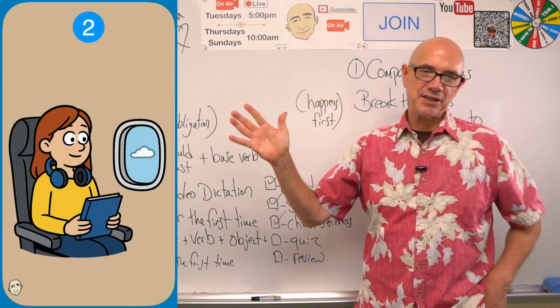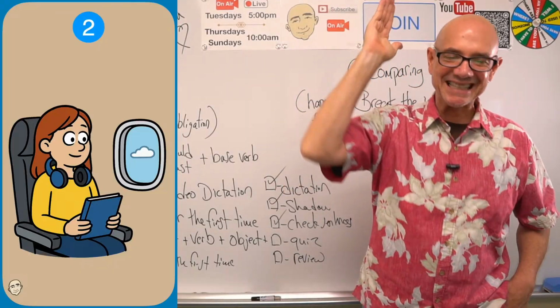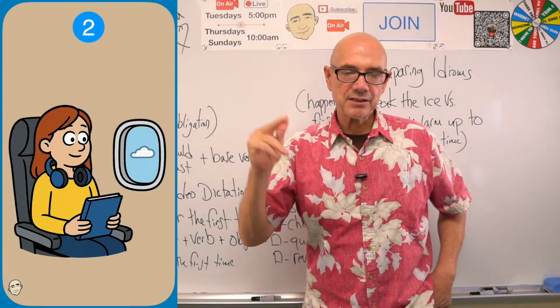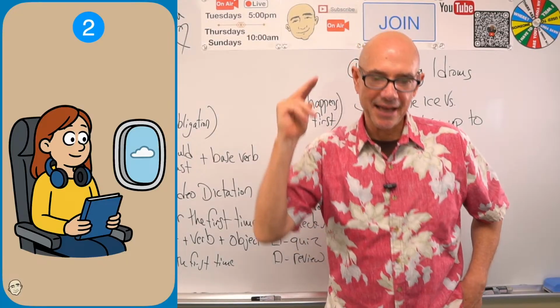All right, there's the picture. Do you remember the sentence? Write the sentence. Good, Mary. Good, Julia. All right, Hannah. Good.